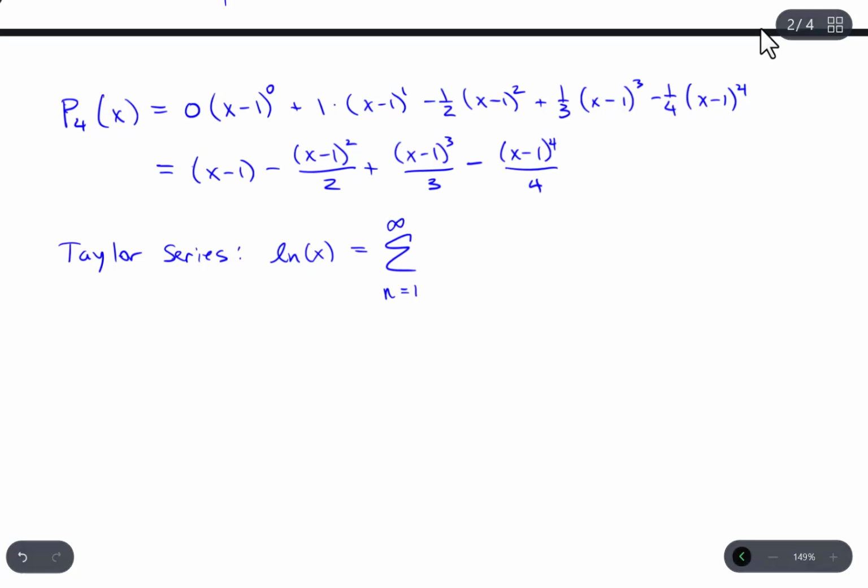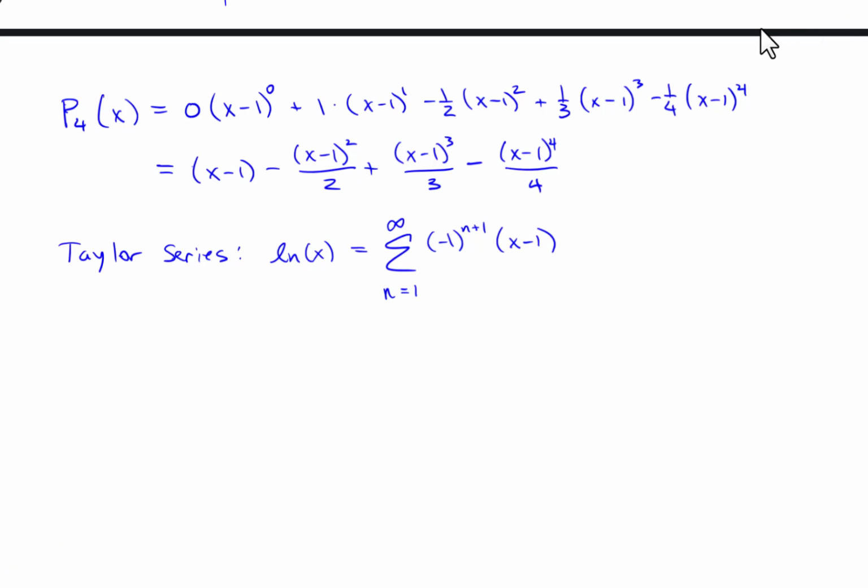The terms alternate in sign, so I need to put an alternating term in there, so -1 to the n, but that would start with negative to begin with, so let's do n plus 1. So we start with a positive. And then each term has a factor that looks like x minus 1 to the nth power.